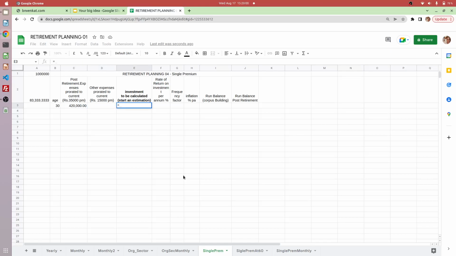This is equal to our variable field A1, and let us round it off to two places. Round off A1, comma 2 places. Then the rate of return we assume, just like in our previous case, 11%. Frequency factor is 1, and inflation percentage is equal to 6%.